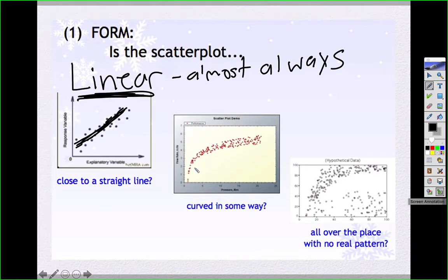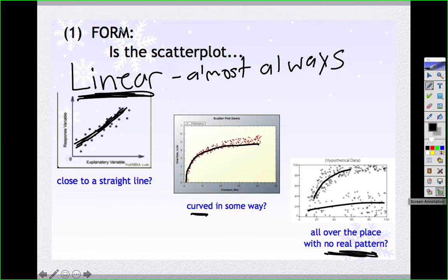If you look at these points, it looks like you could put something through them, but it is not a line. Here it looks like it wants to curve up, but it also has something going on here, so no pattern.